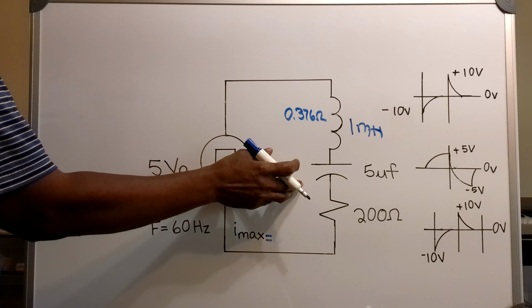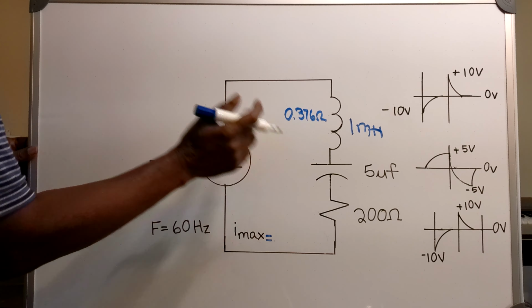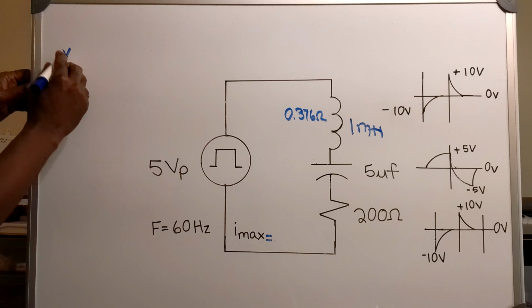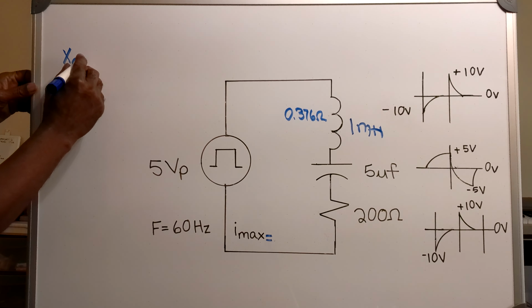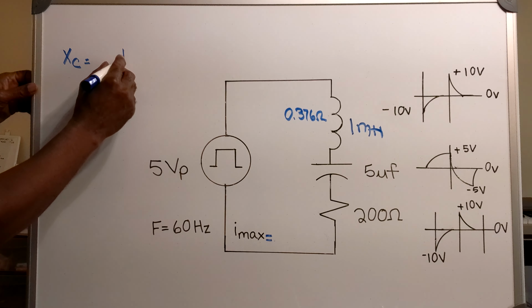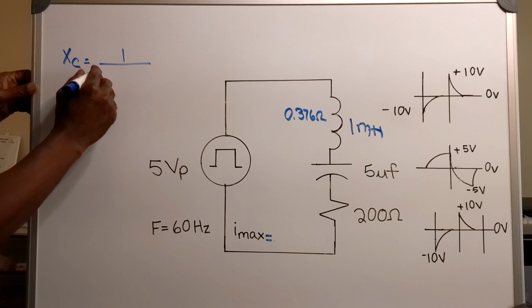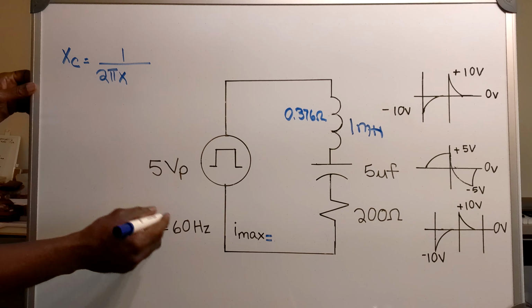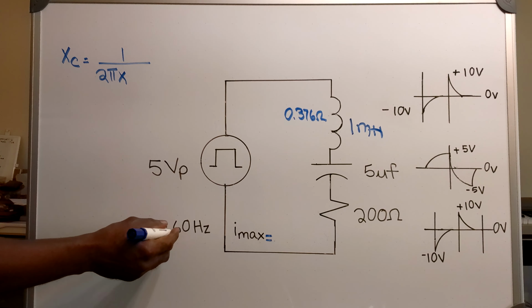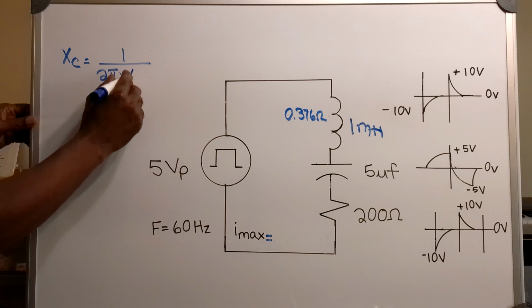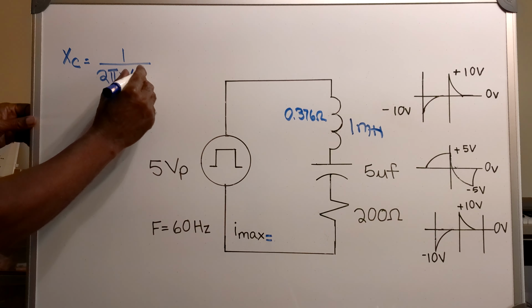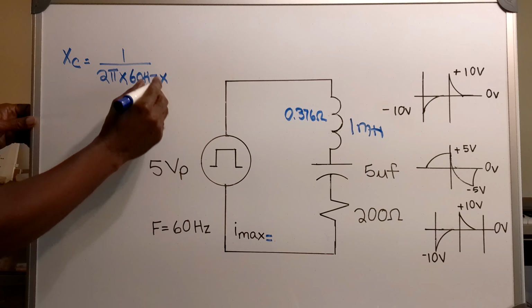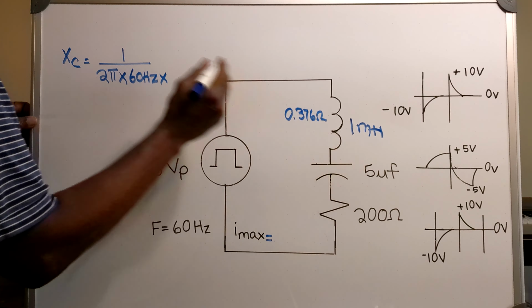Now I'm going to find my capacitive reactance. Xc equals 1 over 2 pi times my frequency of 60 hertz times 5 microfarads.